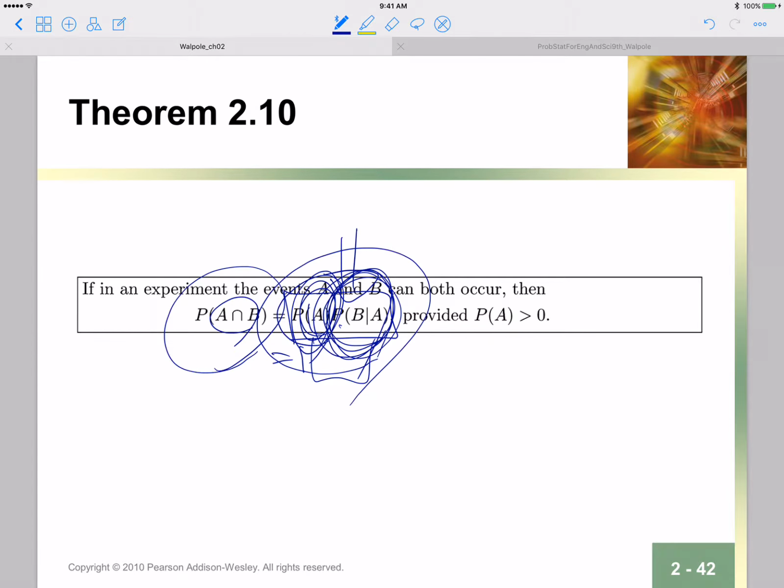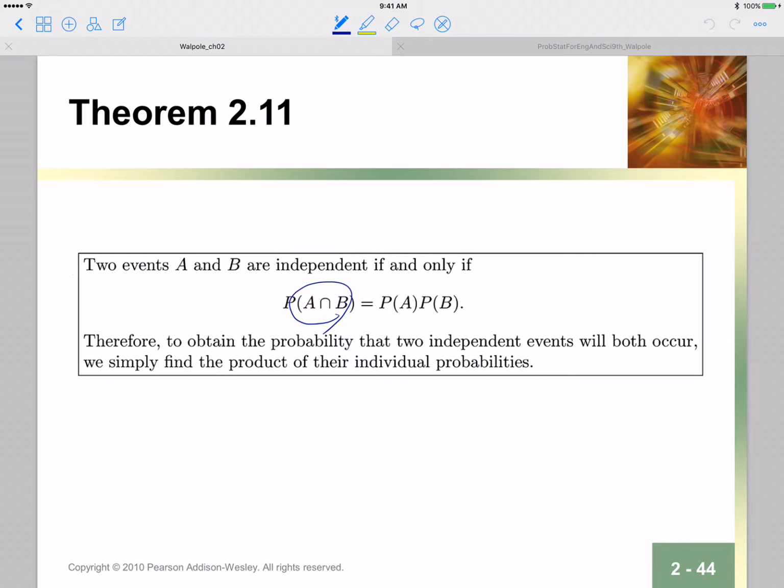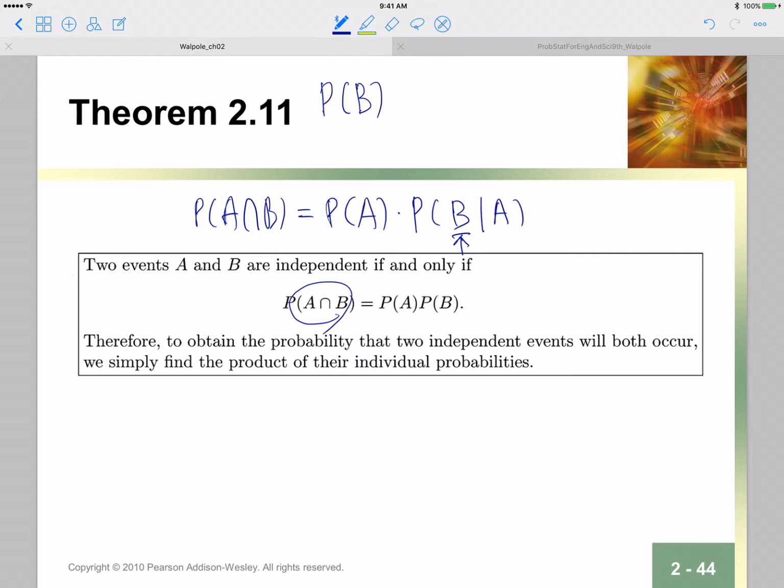A and B can be viewed as A first happened, and then given A happened, we multiply the probability of event B, right? But in this case, the definition of independence was this.